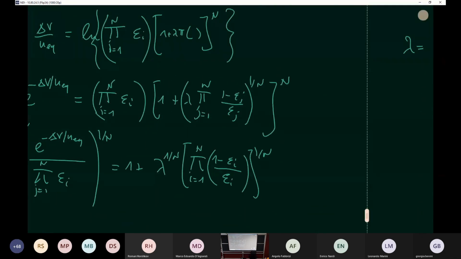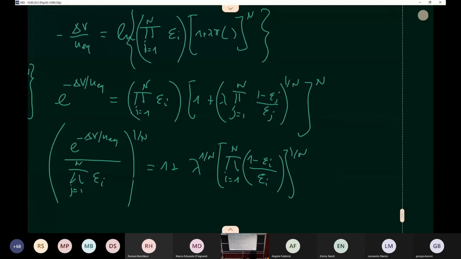So consider that from here we have this one, so we have to be careful, but we bring this one here and we have this parenthesis minus 1 on this side, and then I can take the n power of everything to get lambda.